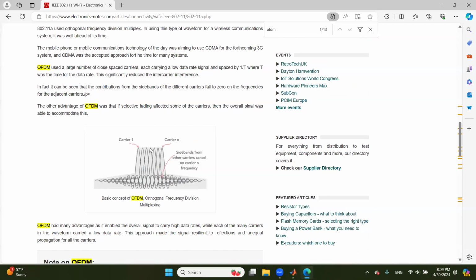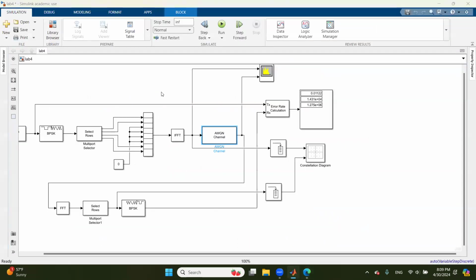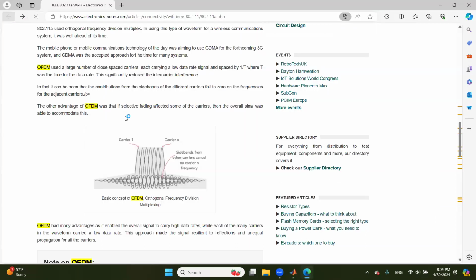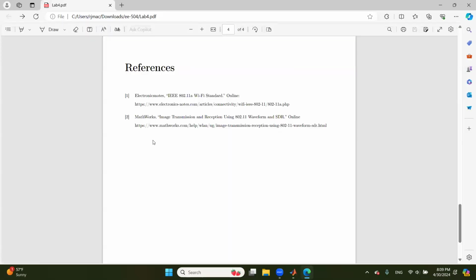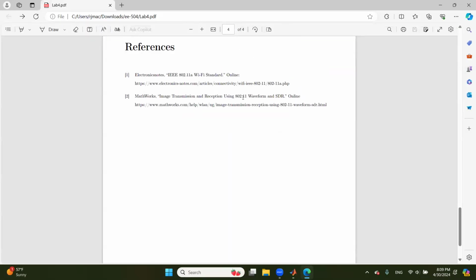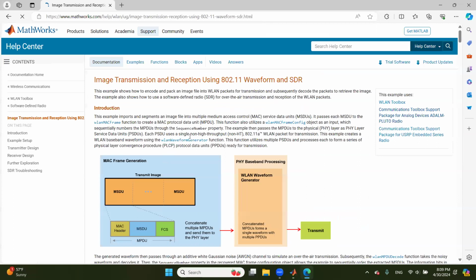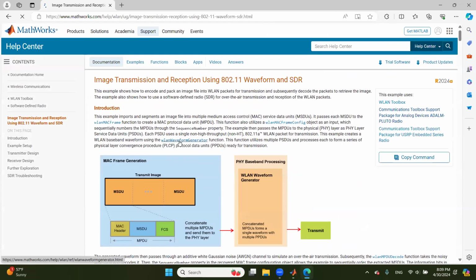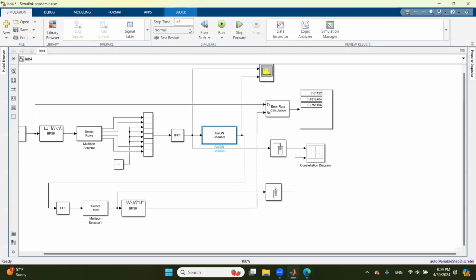So you have your main carriers here that you're using to send out data. Another thing I want to talk about is this example provided by MathWorks. You can actually use the Pluto here.